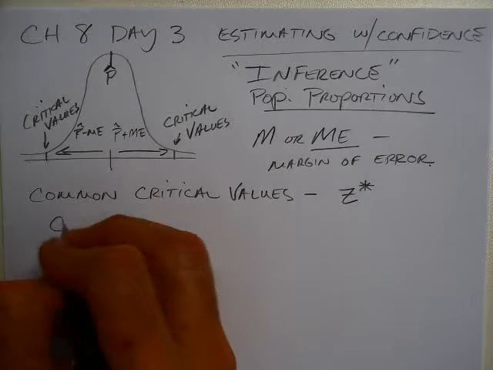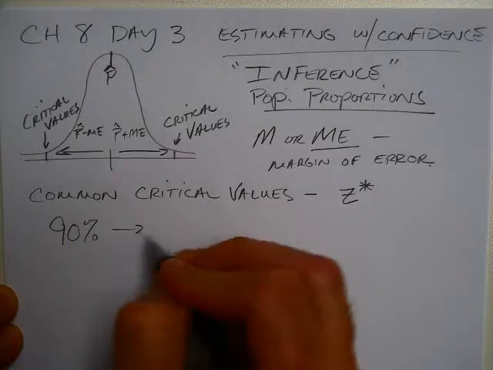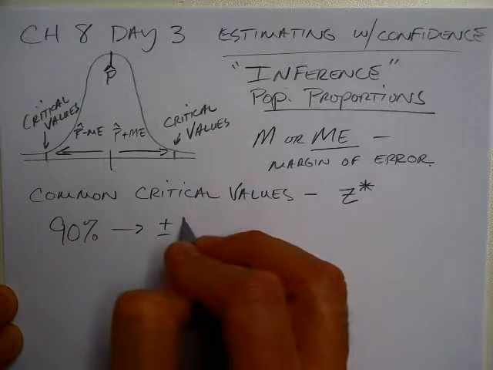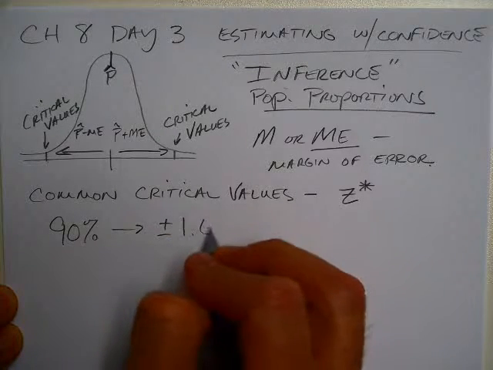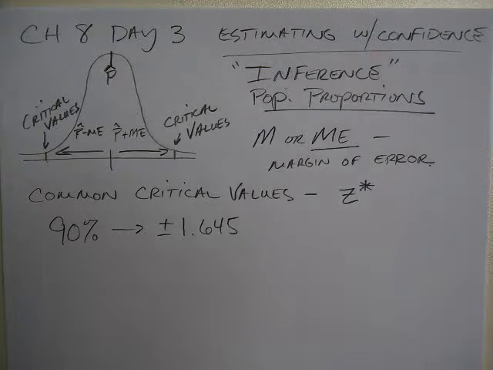So for a 90% confidence interval, this gives us plus or minus Z star, which is 1.645. That's a little more accurate than what you could pull off the table. You'd either say it's 1.64 or 1.65, but it's actually halfway between those.